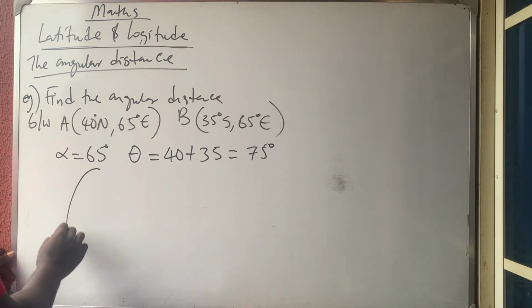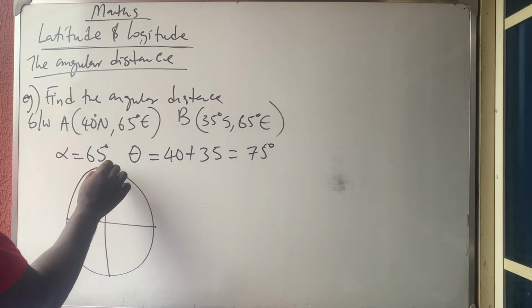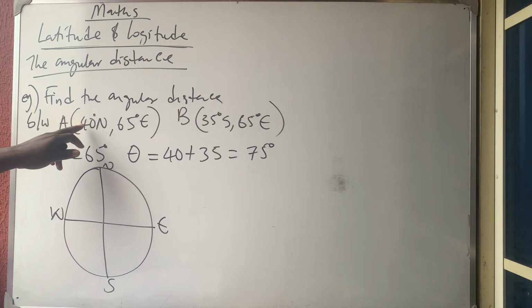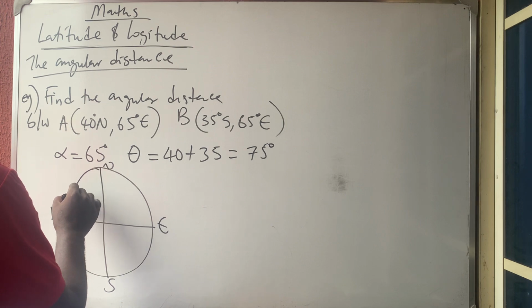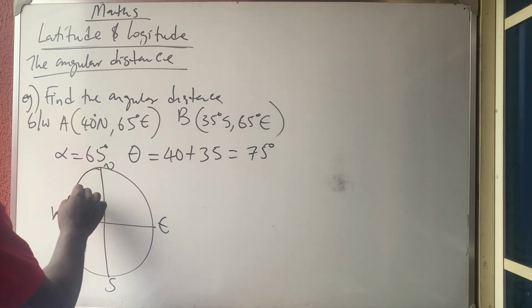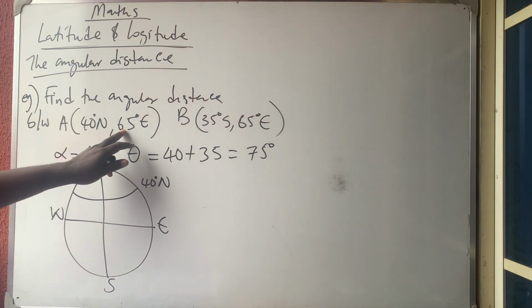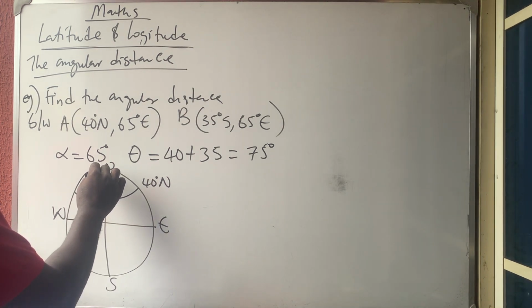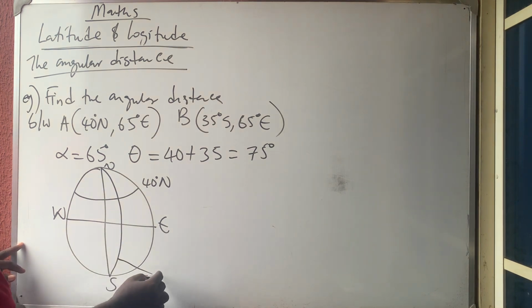But you can decide to draw it yourself. If you want to draw it, always have your cardinal points: the north, the south, the east, and the west. 40 degrees north: this is north, so I draw to the north side and call it 40 degrees north. 65 degrees east is this side, so I draw to this side and name it 65 degrees east.